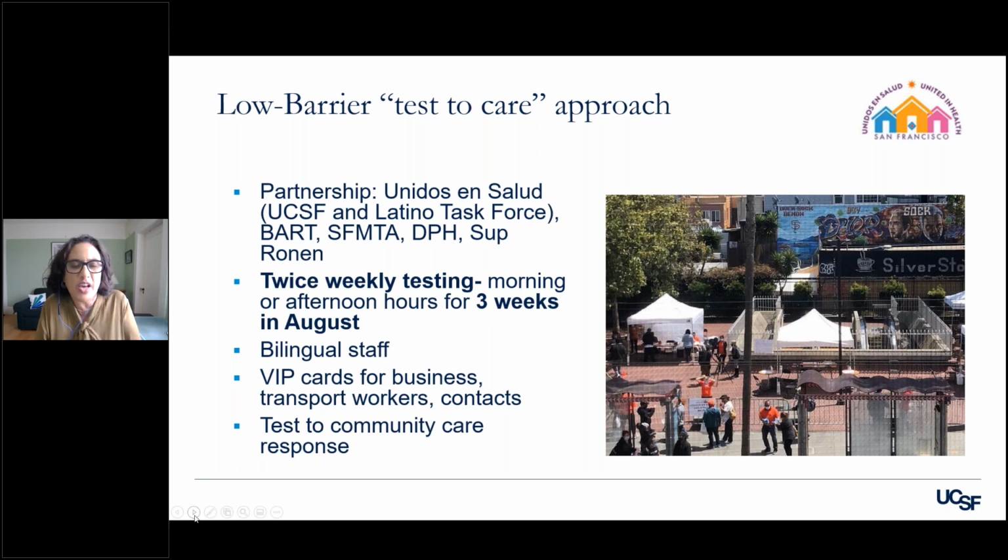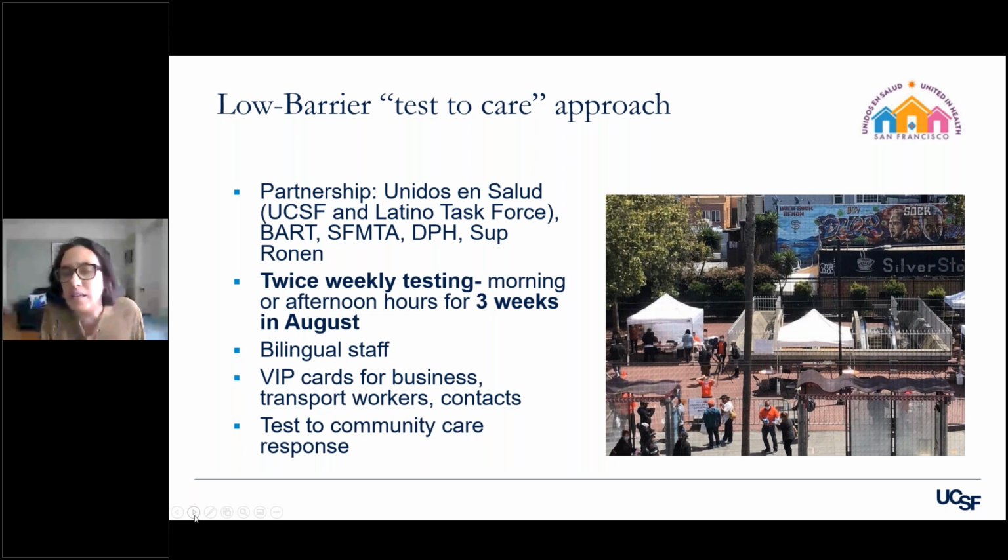We're transmitting the virus to other members of the household, including children. That really led many of us who've been working in this area, and also our Department of Public Health, to rethink how we could target our resources to both the communities that need them, but also to the factors that are really leading to increased transmission in these communities.